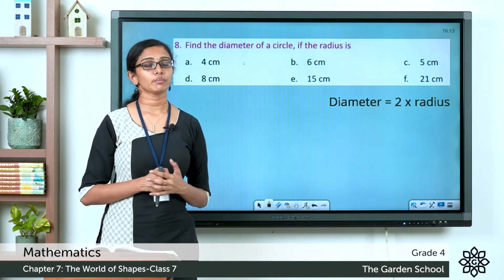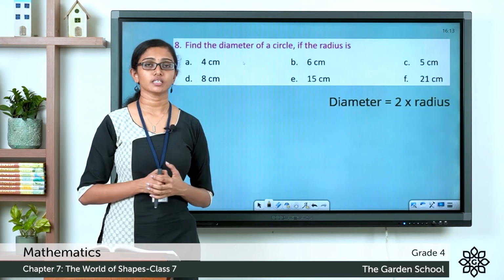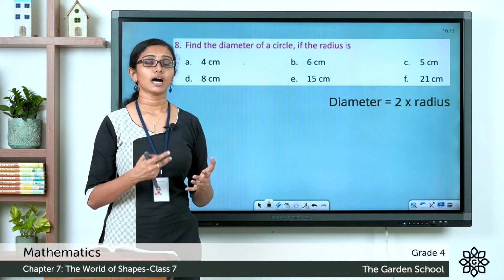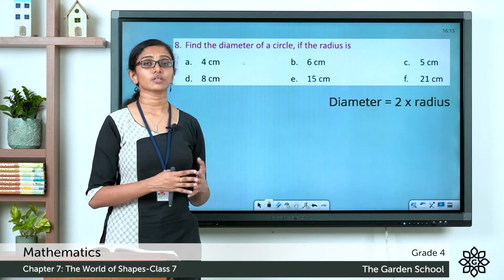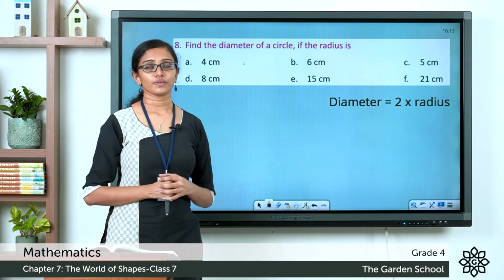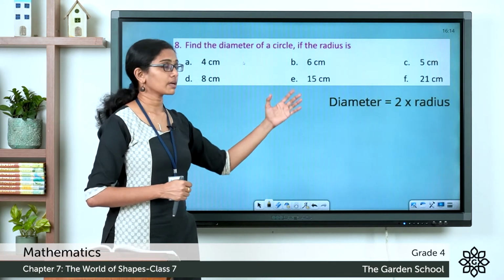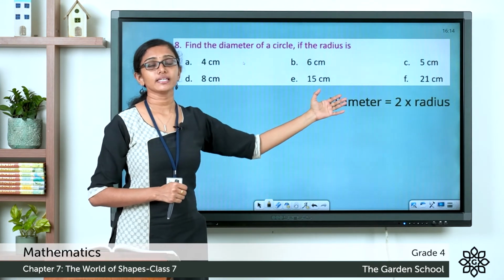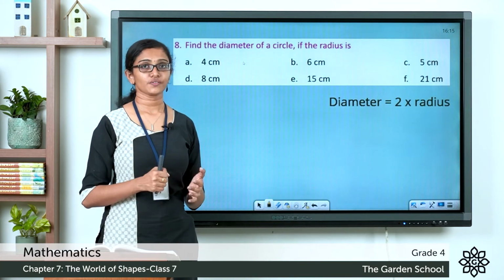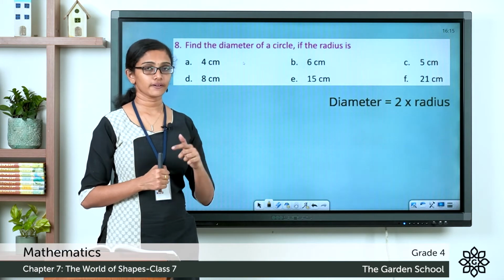We can draw any number of diameters in a circle, and we have already seen that the diameter of a circle equals twice its radius. So we know diameter equals 2 times the given radius. If that is the case, let's work out the first question.